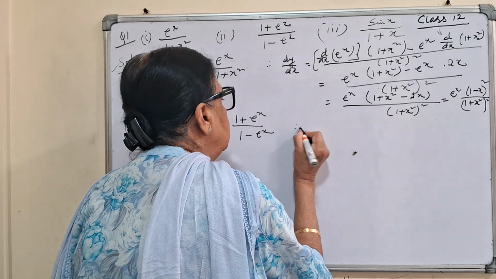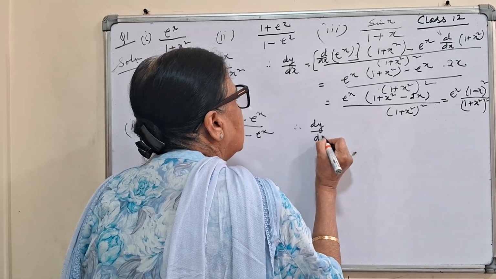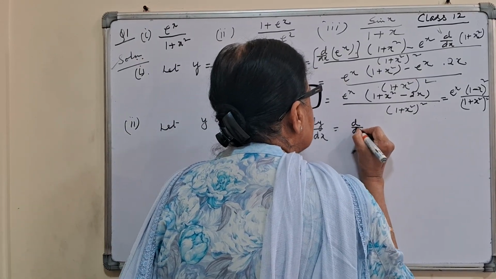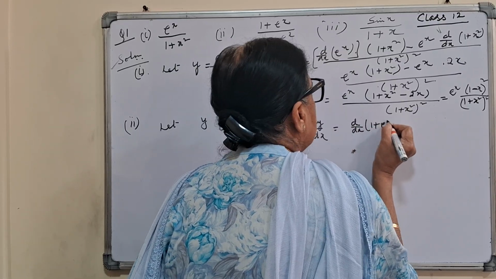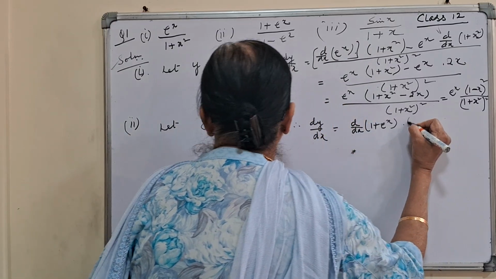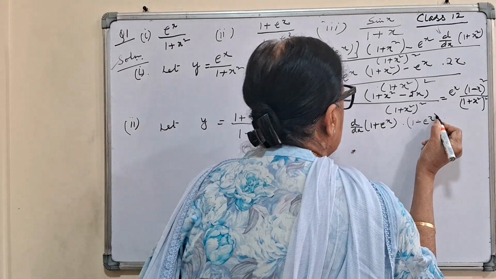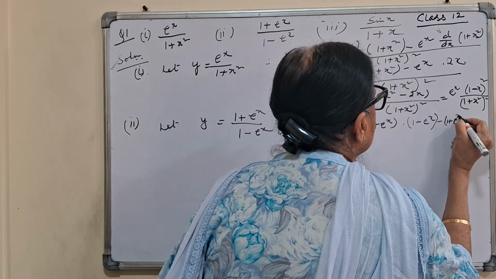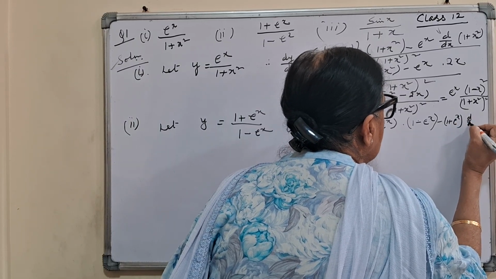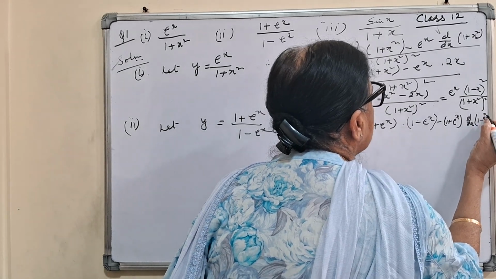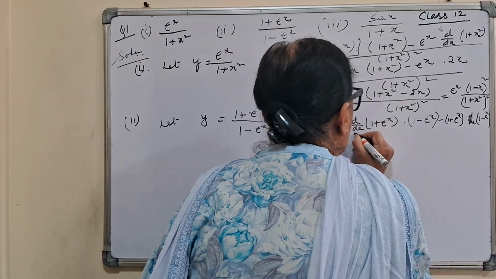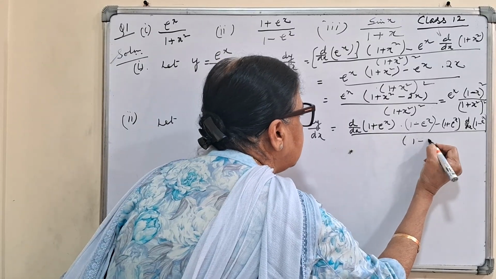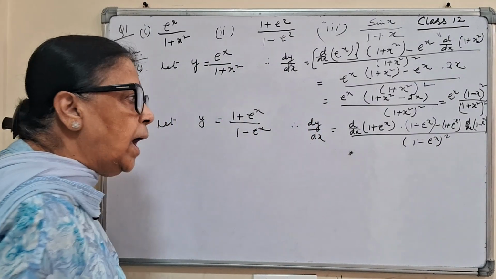Therefore dy/dx is equal to: d/dx of 1 plus e raised to the power x into 1 minus e raised to the power x, minus 1 plus e raised to the power x into d/dx of 1 minus e raised to the power x, divided by (1 minus e raised to the power x) whole square, the square of the denominator function.